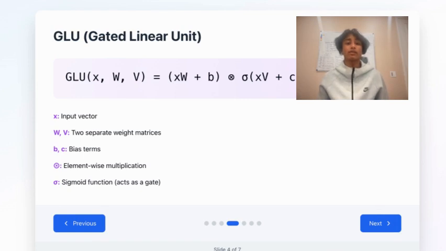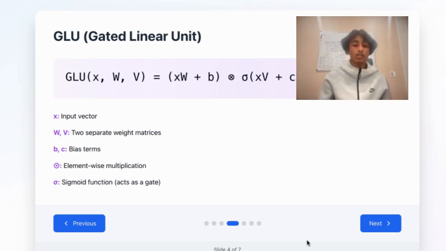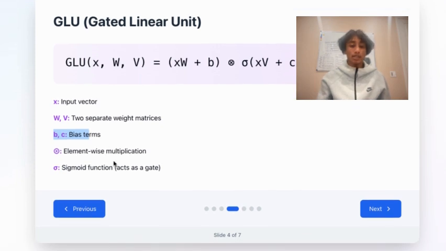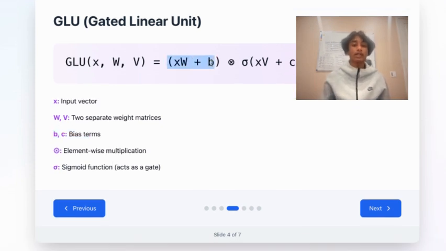The second activation function is the GLU activation function. Now, this is a gated linear unit, and we can see this here as there's two different weights. So W is going to be our first weight matrix, and the V is going to be our second. And same with that, we also have two different bias terms, right? And what's going to happen is we're going to have one linear layer, right?